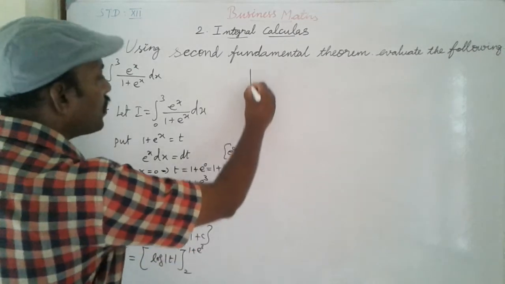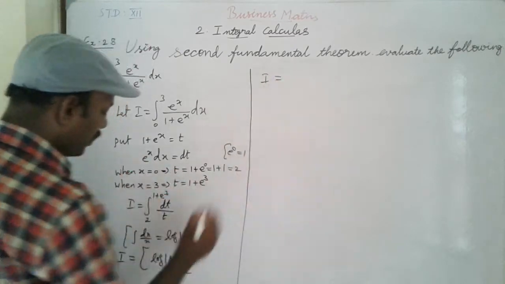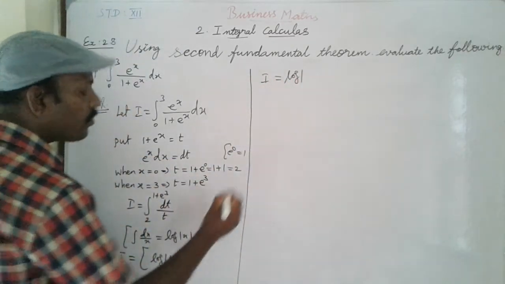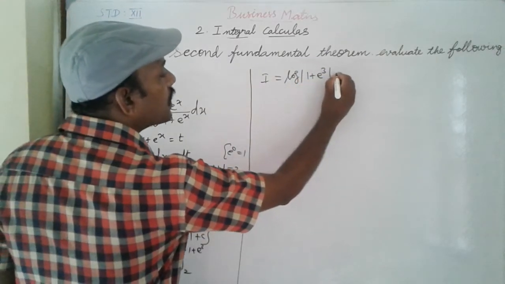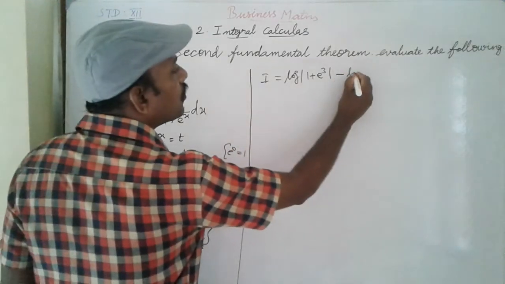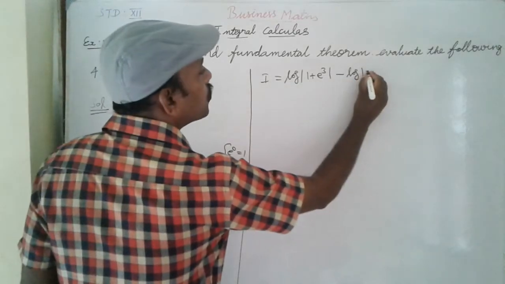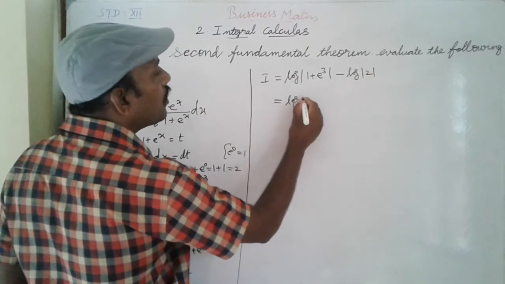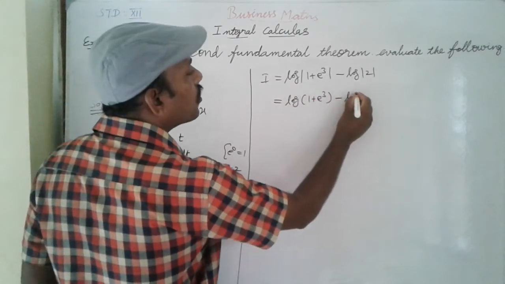So we should substitute the limit. I equals, for the first limit, log of modulus 1 plus e power 3. The next limit is minus, substituting t value 2, log of modulus 2. So that is equal to log of 1 plus e power 3 minus log 2.